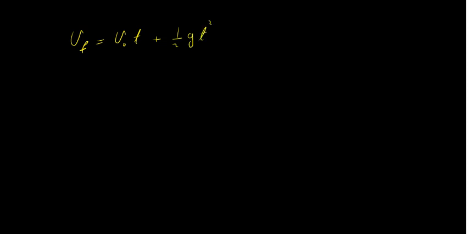Now again, this is 0. The initial velocity is 31.3, and we don't know the time. Here we can say it's 4.9, because it's half of 9.8, times t squared.